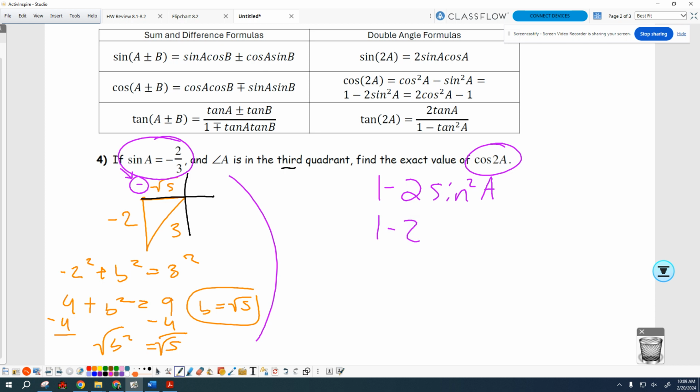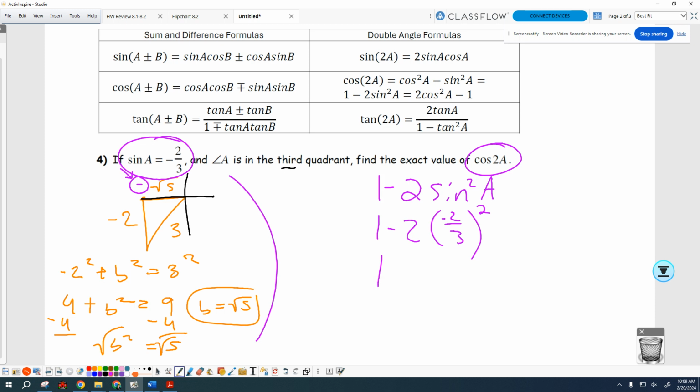So 1 minus 2 times, what is sine of A? Mara, what is sine of A? Negative 2/3. Is it just negative 2/3 or do I need to square it? Square it?